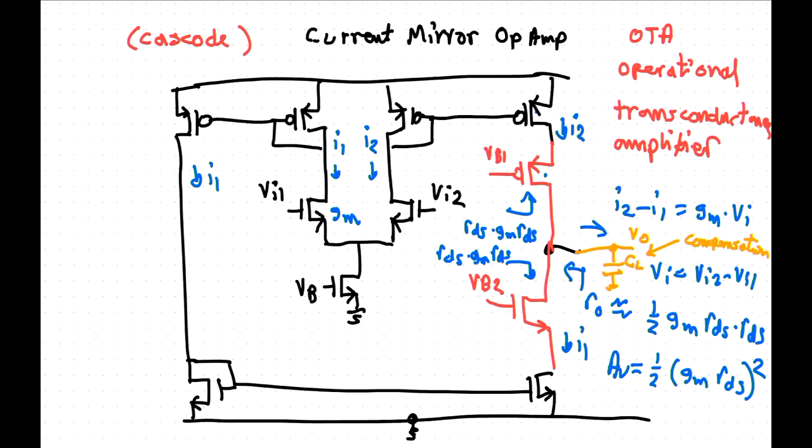If you do that, you get twice the current out here. That actually means that by sizing this up, you can get a higher transconductance.